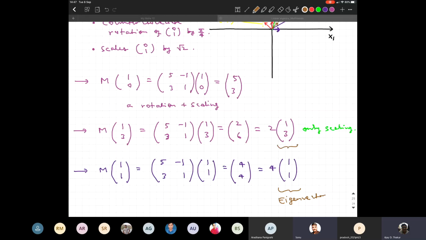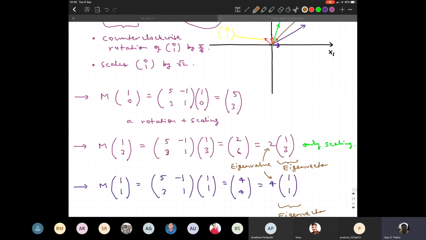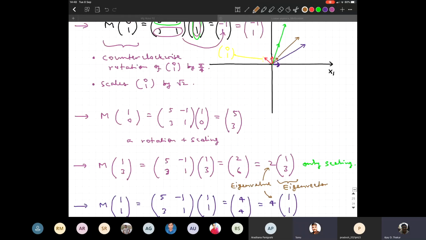So this is eigenvector, and these numbers which you saw, 2 and 4, are the corresponding eigenvalues. Physically, whenever you are imagining a vector, like we have just imagined a vector in a two-dimensional scenario, it could be an n-dimensional vector or an infinite dimensional vector.